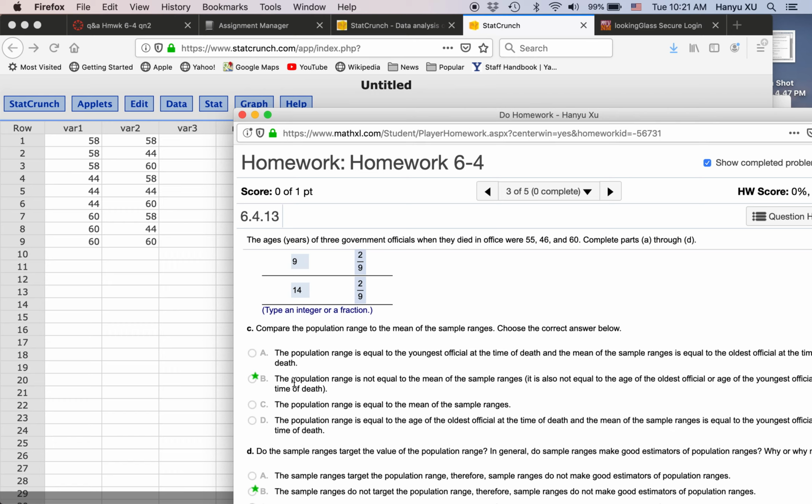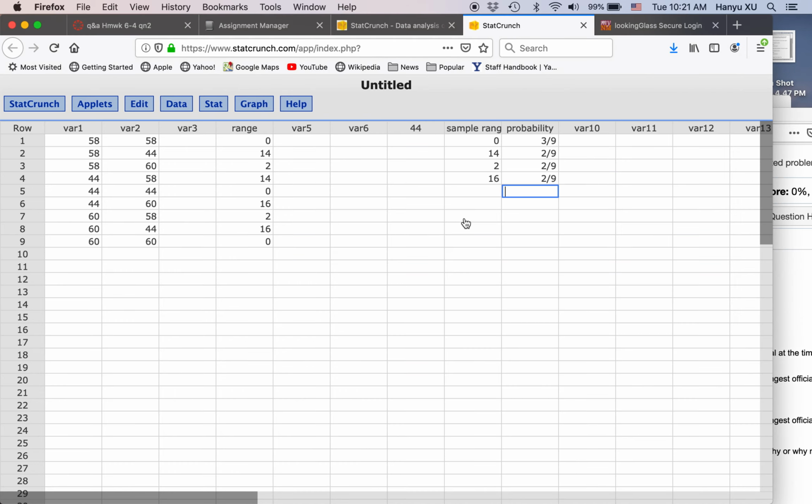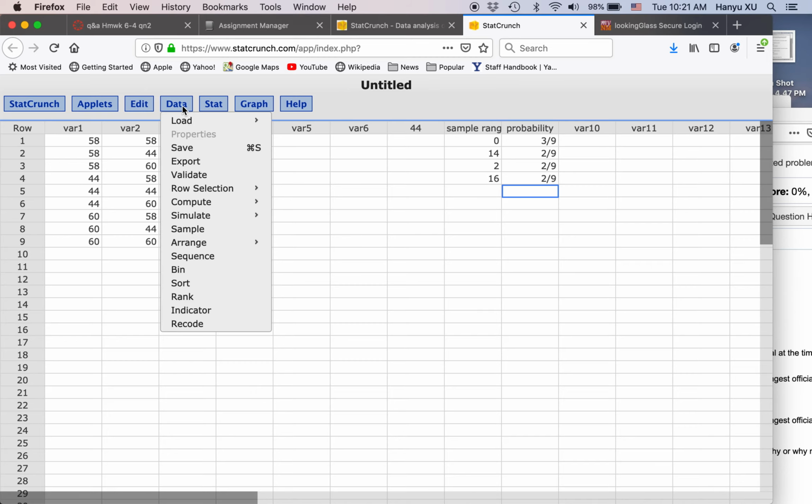So you choose B. Or you could use a complicated way, as we did in class. That is, calculate the mean of the sample range based on the probability table. Basically, for each row, you multiply the first column, 0, with 3 ninths, and then add 14 multiplied by 2 ninths, and so on.